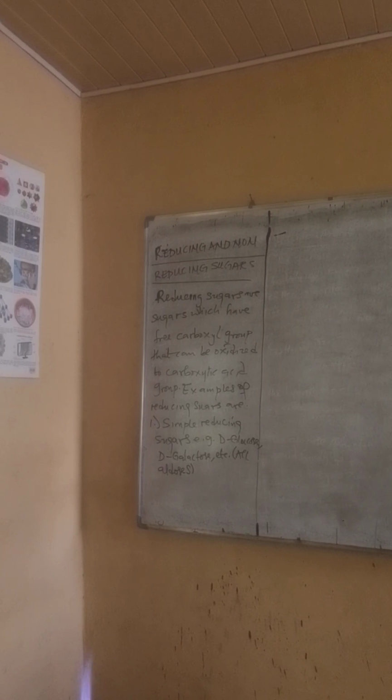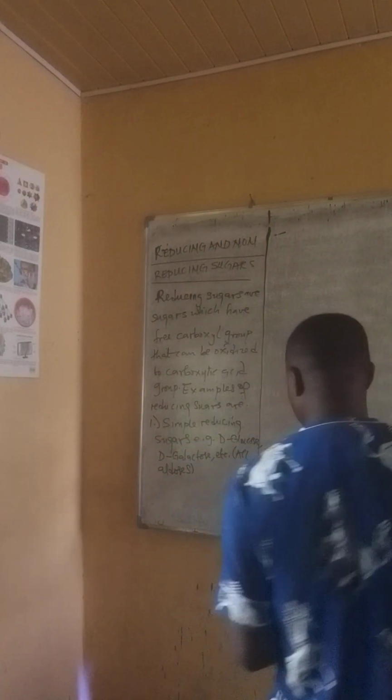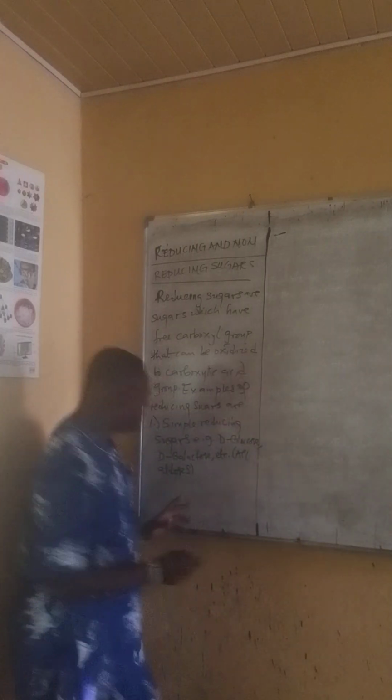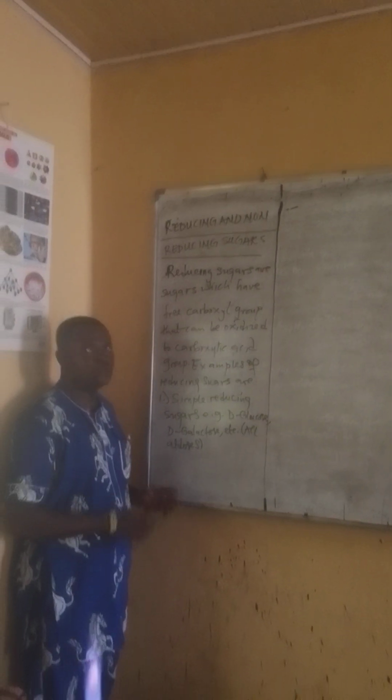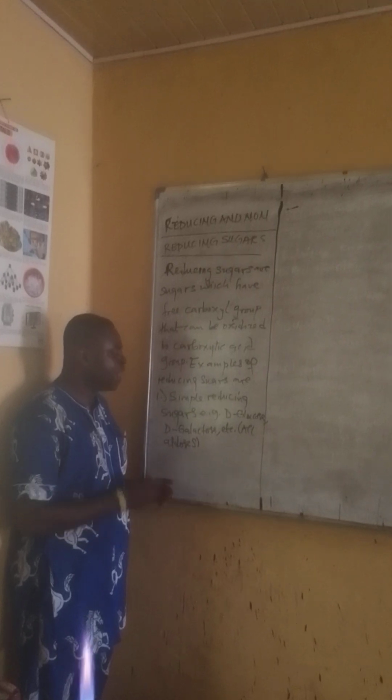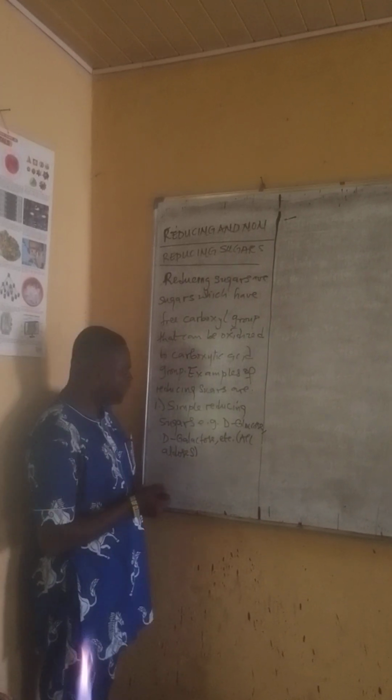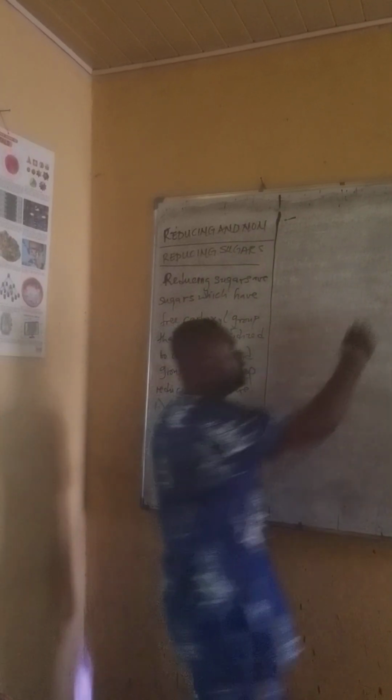I discussed aldoses in our previous class: your mannose, your amylose, your threose, your glucose, your galactose, your idose, and so on and so forth. They are all simple sugars. They are all reducing sugars.